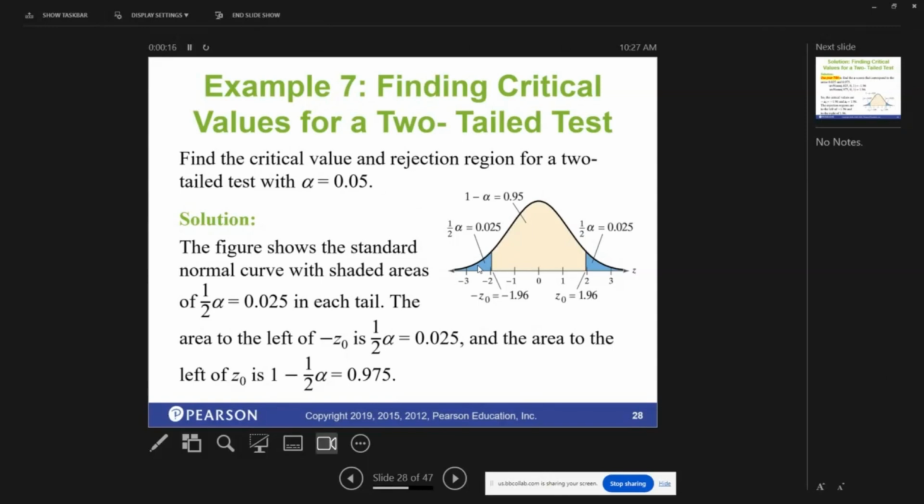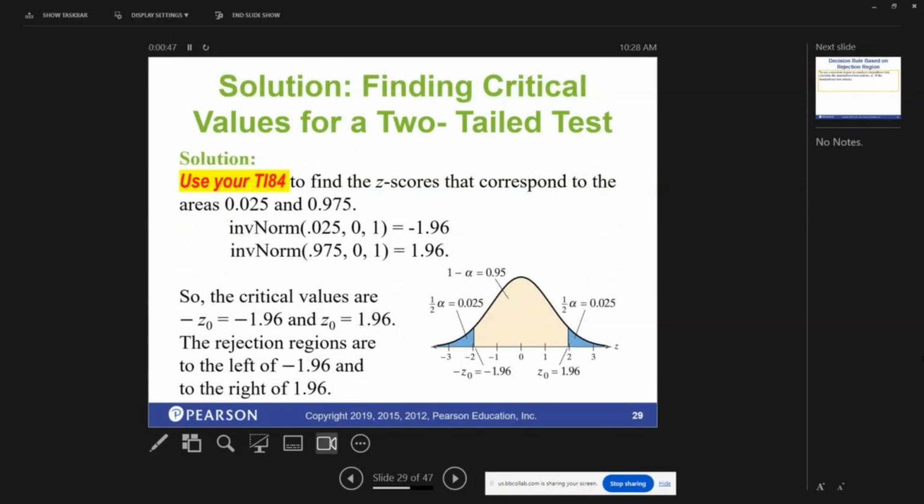So that means that we have 0.025 on each side. So when we want to find the z-scores, we're going to use 0.025 and then 0.975, because you remember when we put this in our calculator, it's assuming you're looking at to the left. And so if this part is 0.025, then to the left of it would be 0.975.